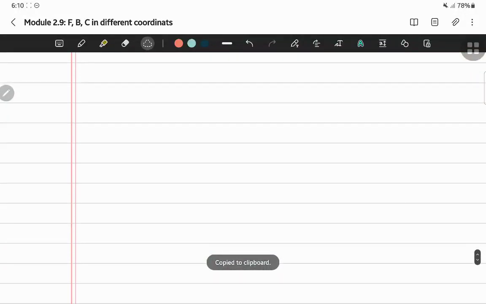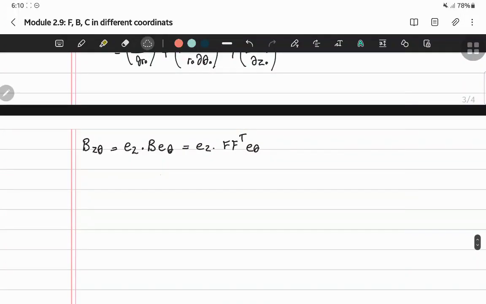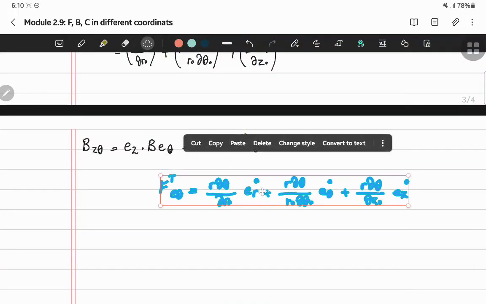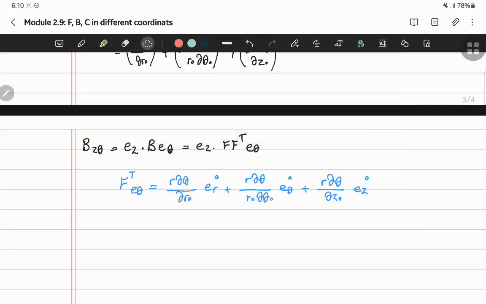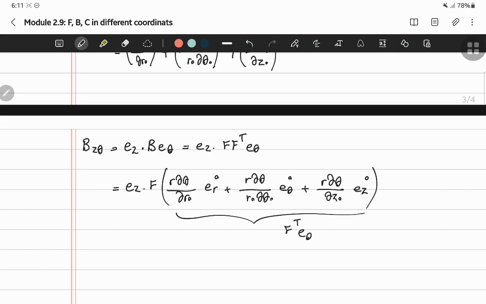So let's copy and paste it in here. Then I have EZ dot F. This is F transpose E theta.